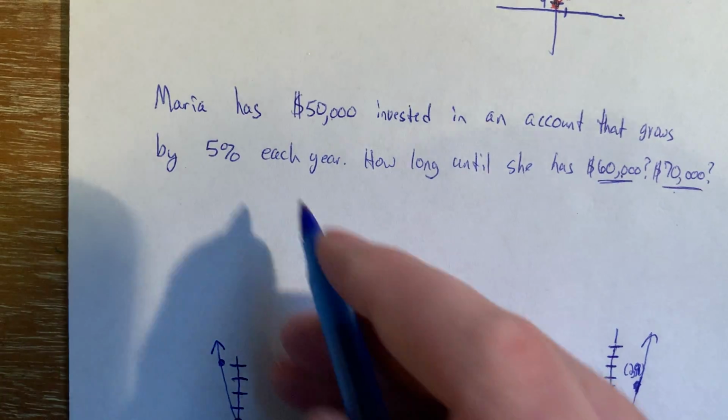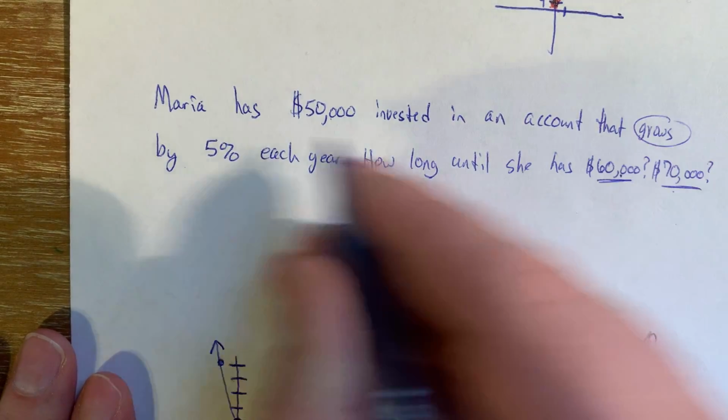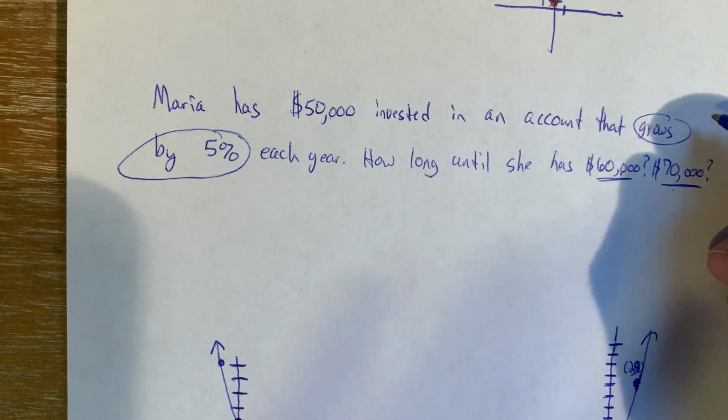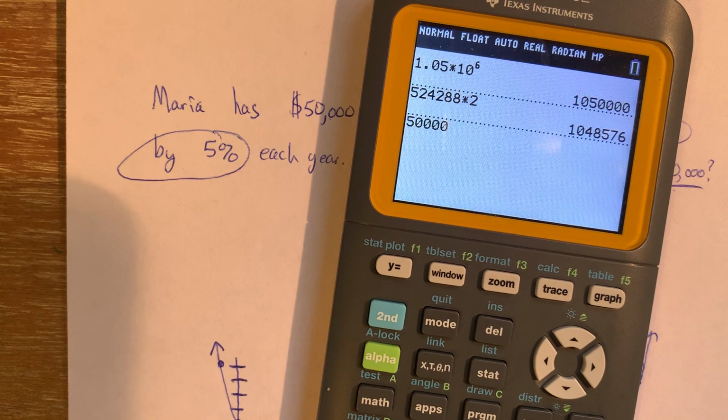Let's see. What is the equation going to be here? Well, is this a constant multiplier? And the answer is yes. Growing by a percent, the way we grow by a percent is we take the 50,000 and we add in 5% of 50,000. So 5% is 0.05.